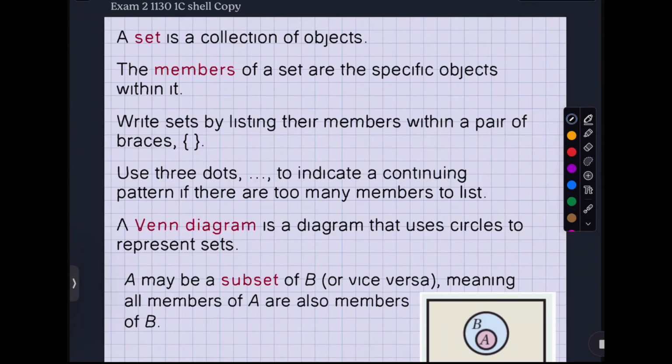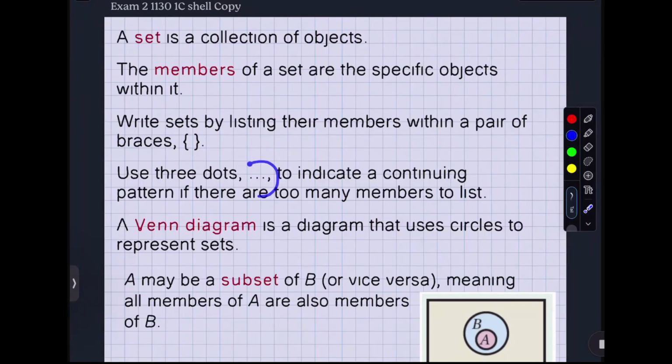All right, so now we're getting into sets. So before we were talking about truth tables, now we're talking about sets. Couple of things that we want to point out. Number one, we use a squiggly bracket when we're going to list a bunch of members in a set.